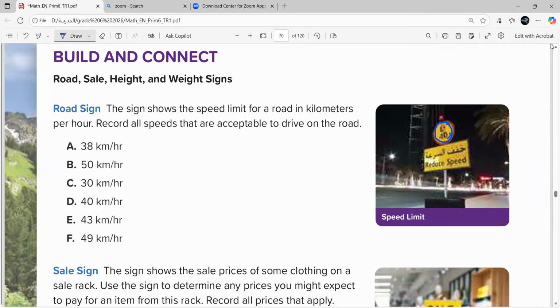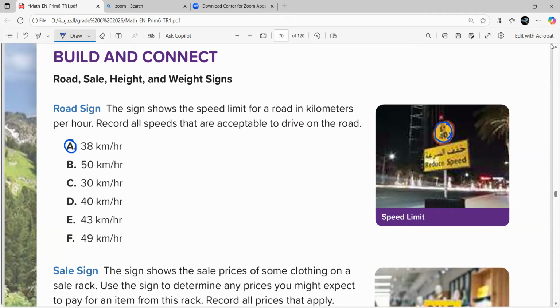The sign shows the speed limit for a road in kilometers per hour. Record all speeds that are acceptable to drive on the road. What do you think about the speed that is acceptable on the road? Can the car drive at 38 kilometers per hour? Yes, because the maximum speed is 40.